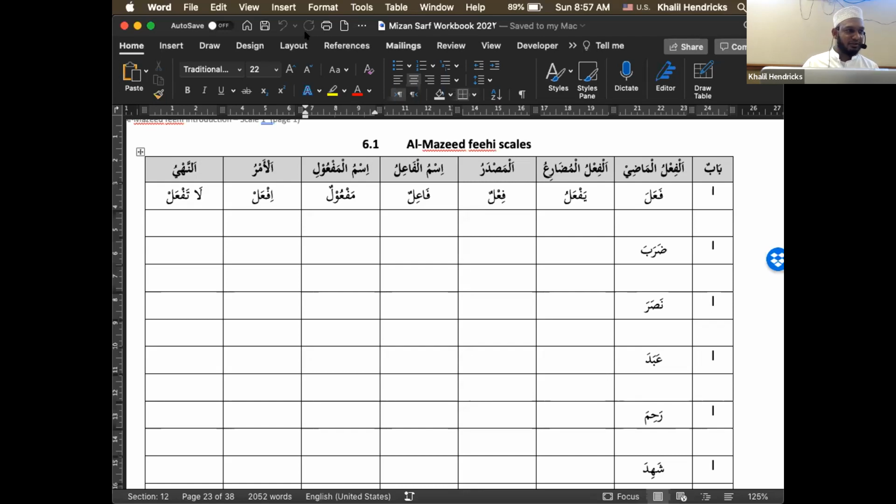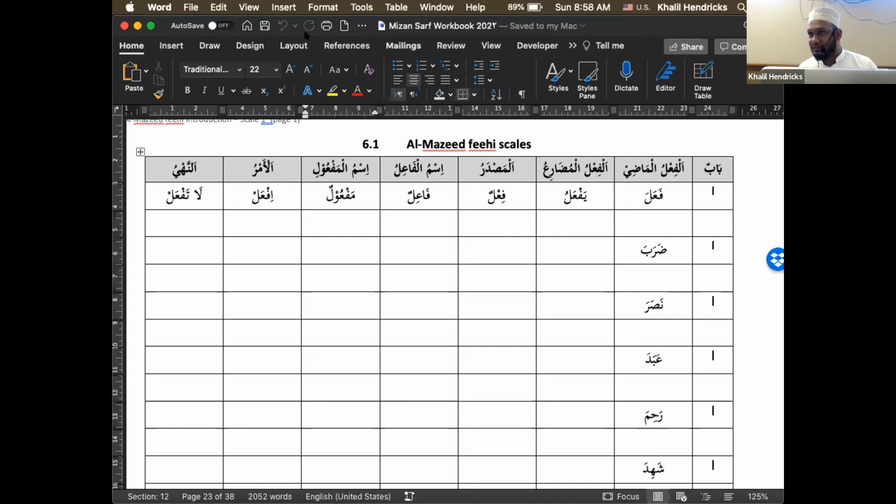Next one, Al-Amr. What's Amr? A command. So what's the Amr for Daraba? Idrib, which means hit. So if you understand, say Idrib, AB, Idrib. That means hit the ball. And a Nahyu. What's the meaning of Nahyu?